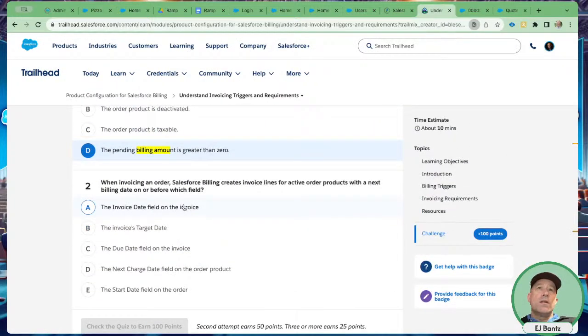When invoicing an order, Salesforce billing creates invoice lines for active order products with a next billing date on or before which field?